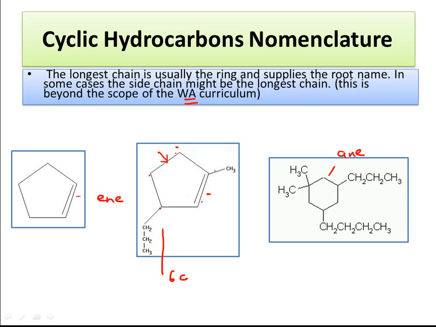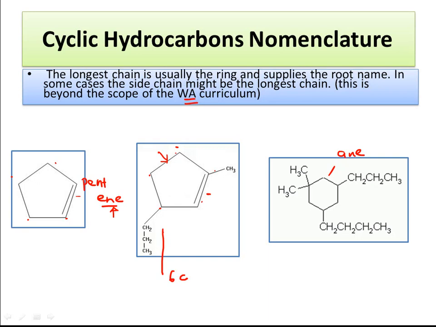Now, having done this, we need to look at this one here. The suffix is ene. The prefix is determined by the number of carbon atoms, which is 5, so the prefix is pent. With cycloalkenes, we don't need to worry about numbering the position of the double bond, because we know that the double bond will always take the lowest number possible.